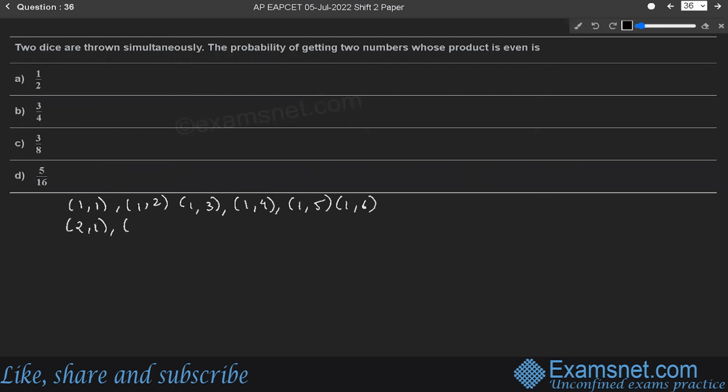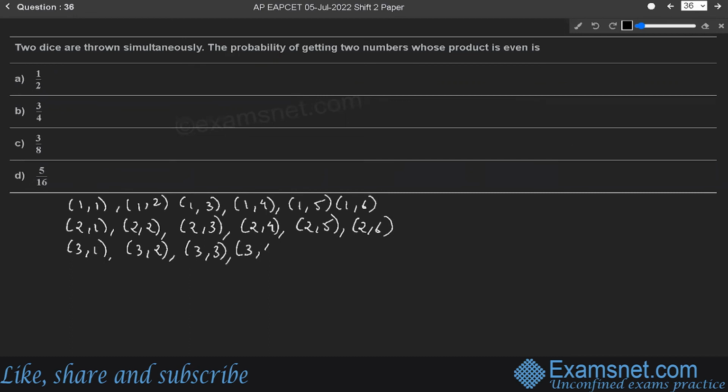Similarly, 2, 1, 2, 2, 2, 3, 2, 4, 2, 5, 2, 6, 3, 1, 3, 2, 3, 3, 3, 4, 3, 5, and 3, 6.